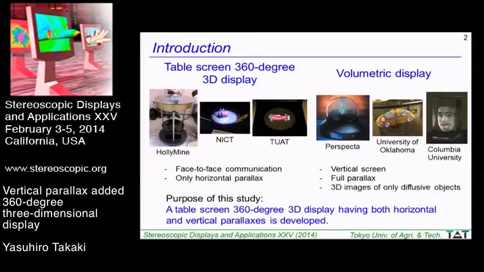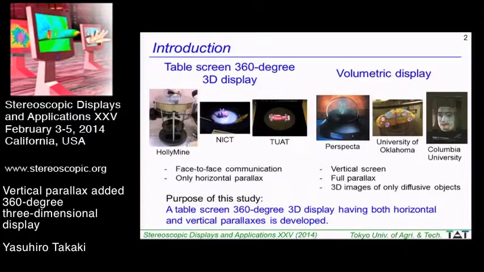However, most of them can provide only horizontal parallax. So 3D images are distorted depending on the vertical viewing position. The volumetric displays can also generate 360-degree 3D images. This is Perspector, and these are systems developed by University of Oklahoma and Columbia University.